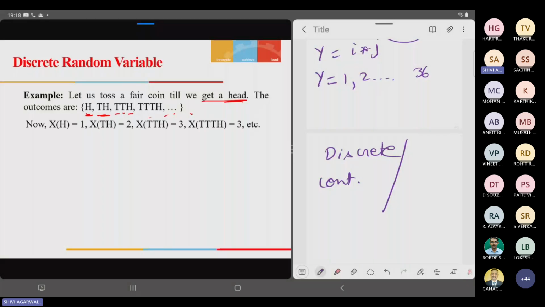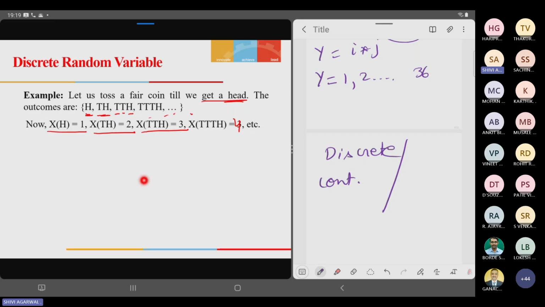So X(H) is equal to 1. X(TH) is equal to 2. X(TTH) is equal to 3. X(TTTH) is equal to 4. Okay. It means how many times we are tossing the coin.